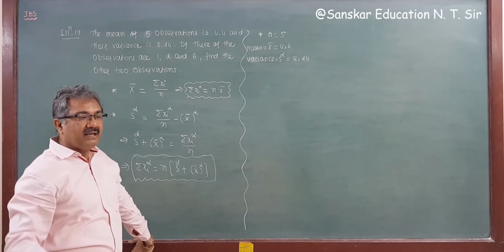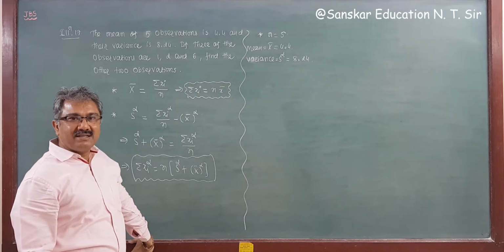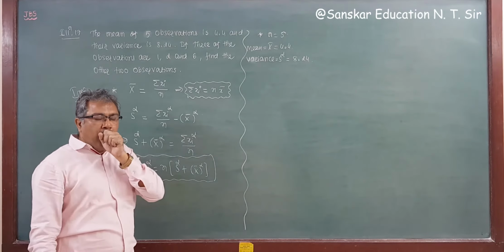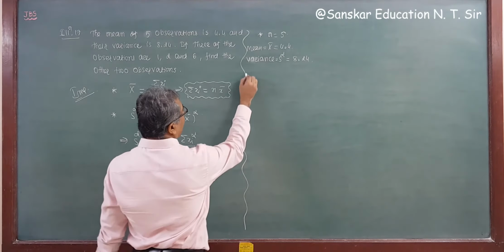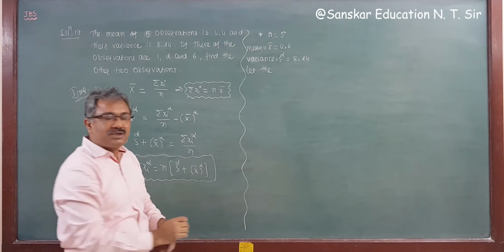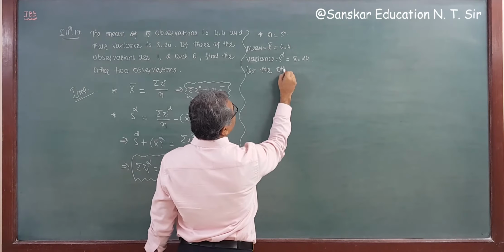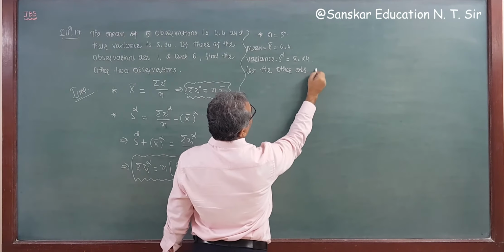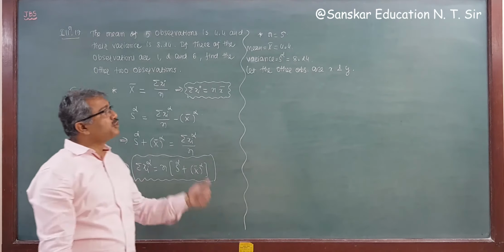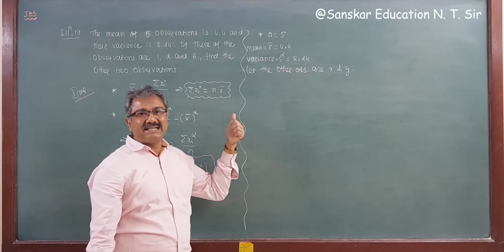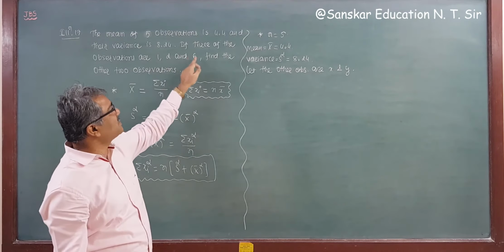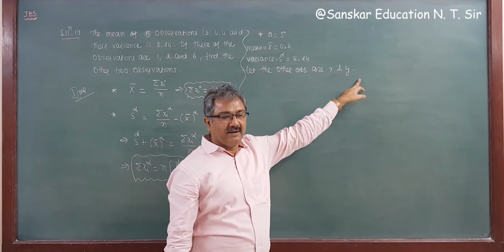So we assume that the missing, or remaining, observations are x and y. If we assume x and y are the other observations, then our total sequence of observations is 1, 2, 6, x, y, right?